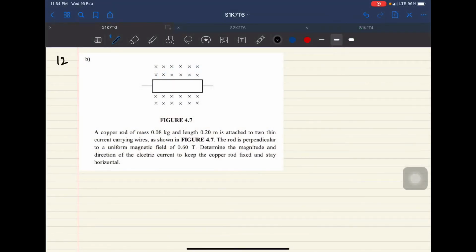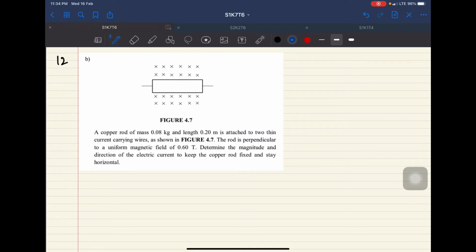Okay, for question 12b, it says that a copper rod of mass 0.08 kg and a length of 0.2 meter is attached to two thin current carrying wires. The rod is perpendicular to a uniform magnetic field, and they ask you to determine the magnitude and direction of electric current to keep the copper rod fixed and stay horizontal. So you can imagine the rod here is basically hanging, like it is floating, and it has a weight.